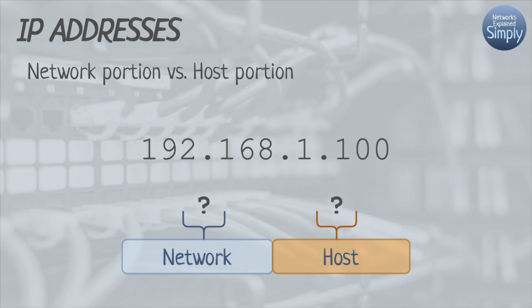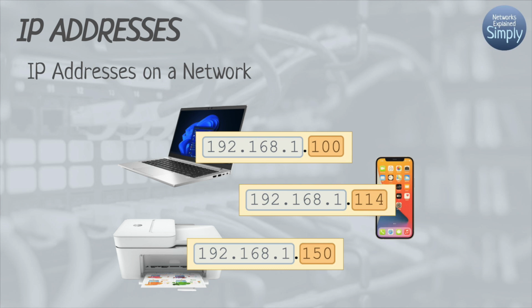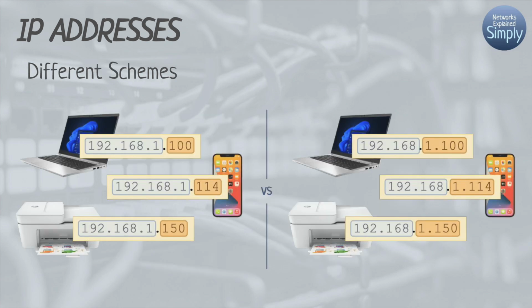So it isn't quite as obvious which part is for the network and which part is for the host, or device. Some networks use a simple scheme like the one we supposed, where only the last number in each IP address differs from the others. But this can vary from one network to another, because it's entirely up to the network administrator.